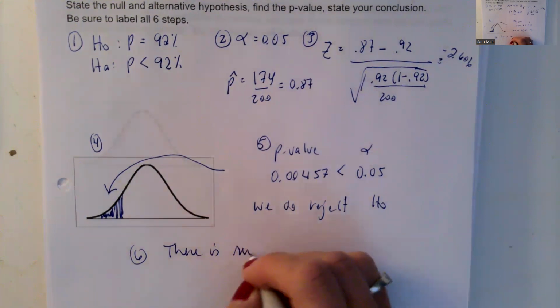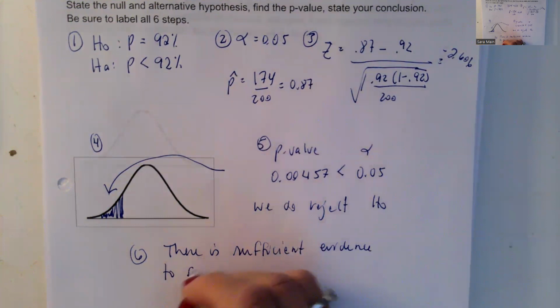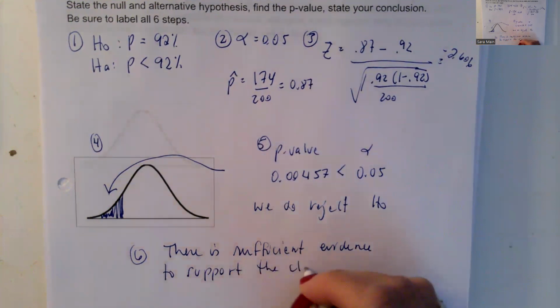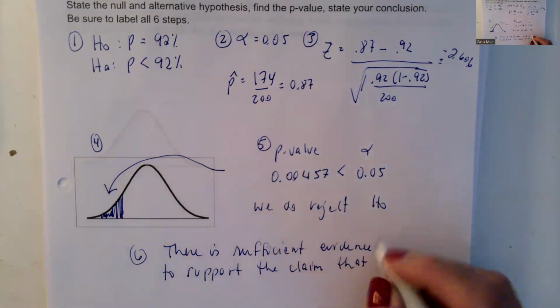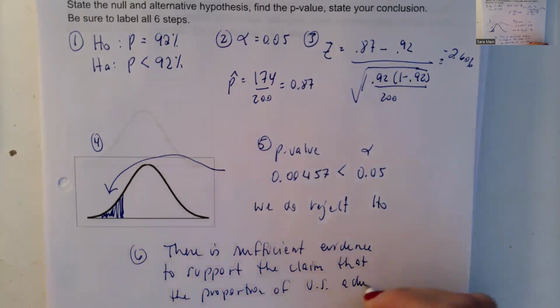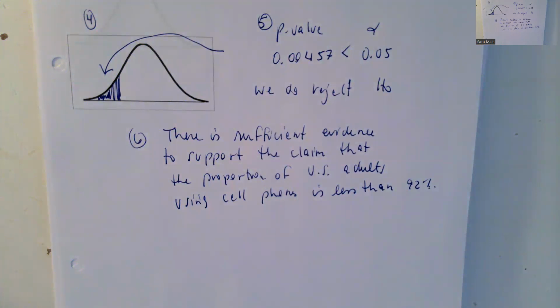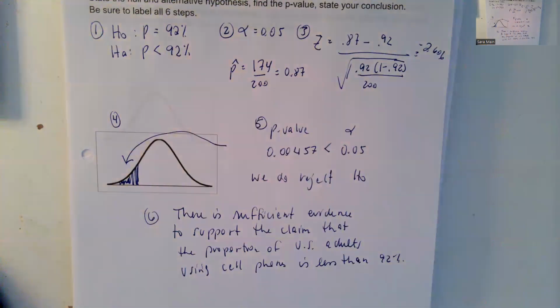So there is sufficient evidence to support the claim that the proportion of U.S. adults using cell phones is less than 92%. So here's our 6 steps that you should be using.